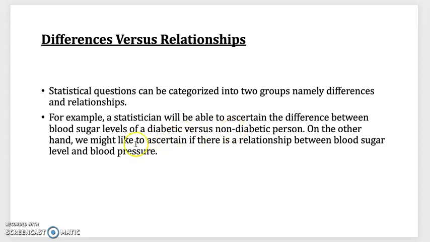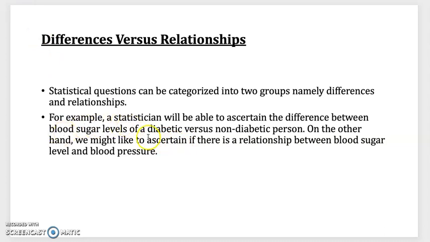On the other hand, we might like to ascertain if there is a relationship between blood sugar level and blood pressure. So whenever we develop a statistical research question, we focus on differences and relationships. Will the blood sugar level be different between two types of persons? Will blood pressure have a relationship with blood sugar?